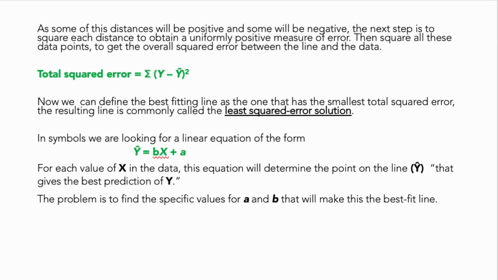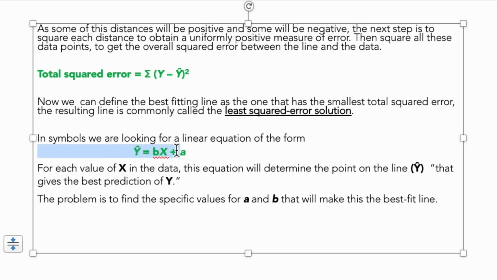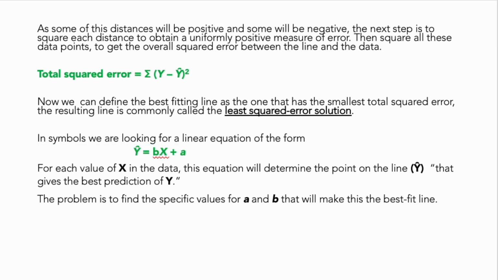So we go for that, and this least squared error solution has to be utilized to do our calculations. Now in symbols, we are looking for a linear equation in the form y hat equals bx plus a. This becomes y hat because we are interested in using this least squared error solution for our equation.